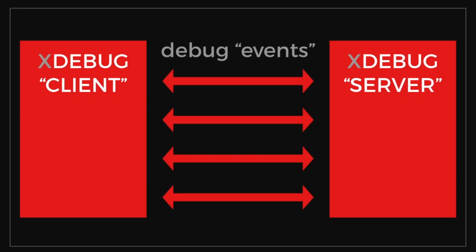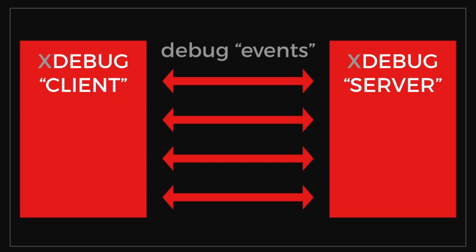It's a completely separate extension for PHP, and it works in a really weird way, which is worth mentioning. There are two parts to the communication. It's a typical client-server communication: a client communicating with the server, and then the server responding back to the client.